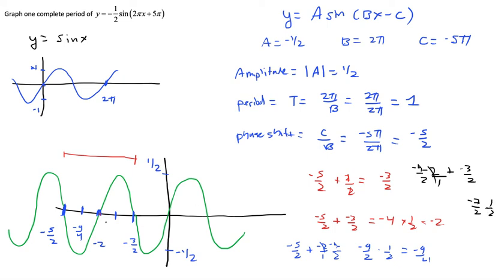So this point here should be negative 7 over 4. And there we go. We've drawn one complete period. Once again, you could have used this period or this one right here. It doesn't really matter, but I just like to use the one where we start. So we started at negative 5 over 2, we went down in this case, not up, because of the negative, and we found these points.